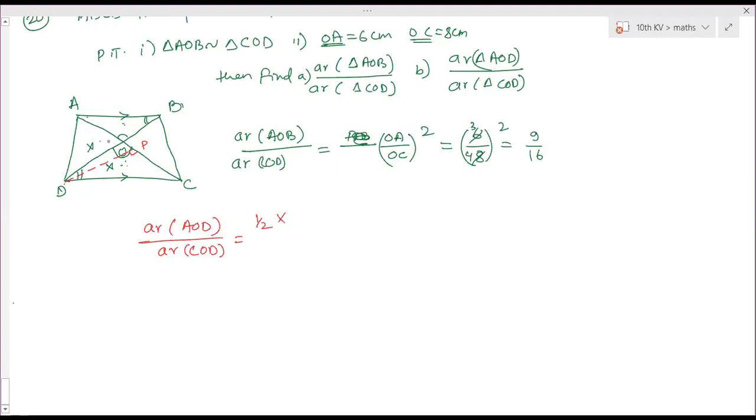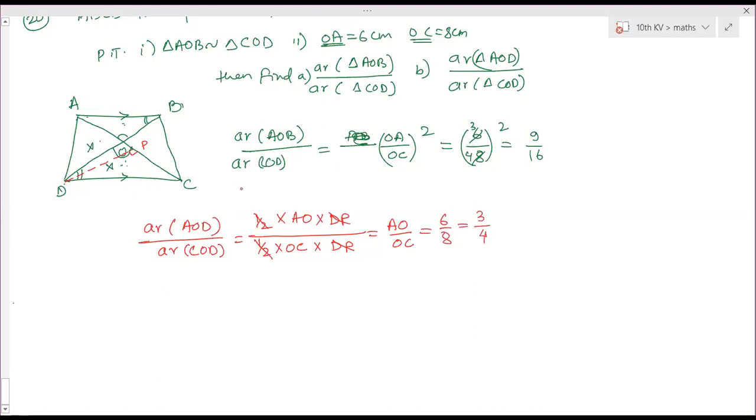So in AOD, the base is AO and the height is DP, divided by half into OC into DP. So half gets cancelled, DP gets cancelled. Therefore AO by OC, and the value is already given, 6 by 8. 2 3s are 6, 2 4s are 8.